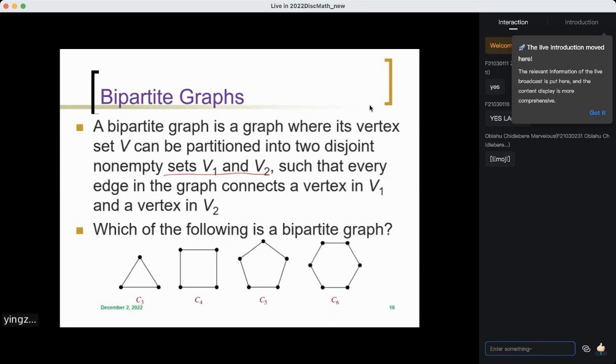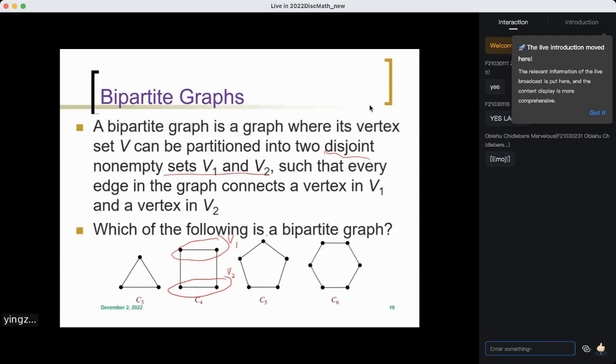For example, we can take this part, and here is another part. This is the vertex set V1, this is the vertex set V2, and these two parts are vertex sets that have nothing in common. That is what disjoint means.